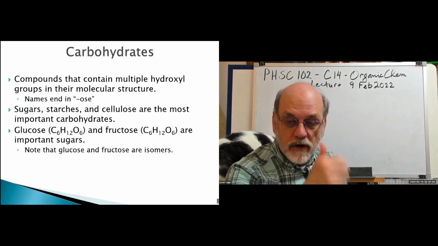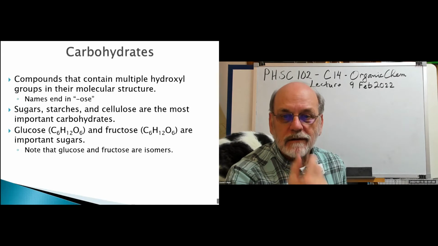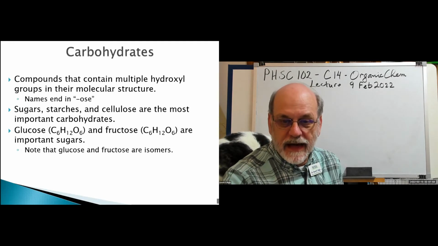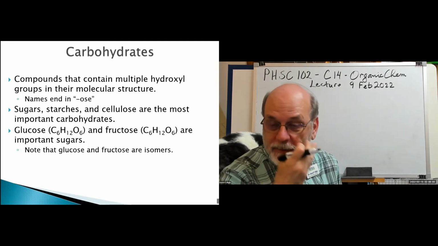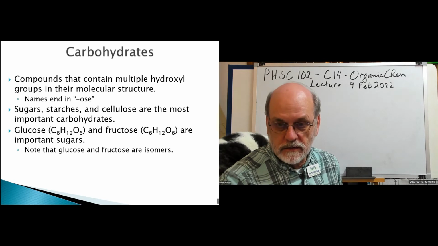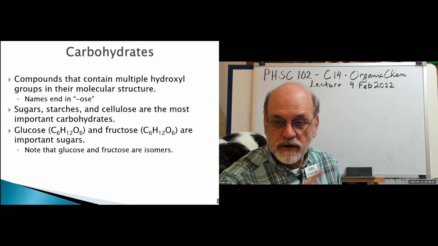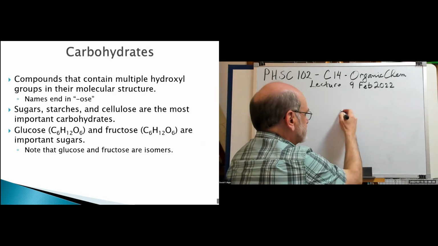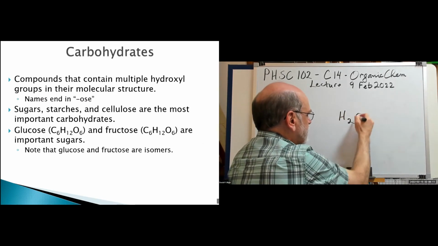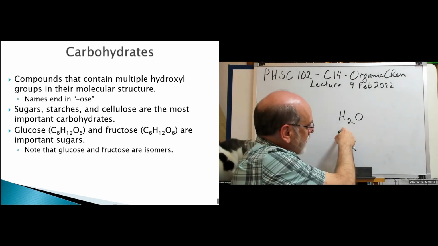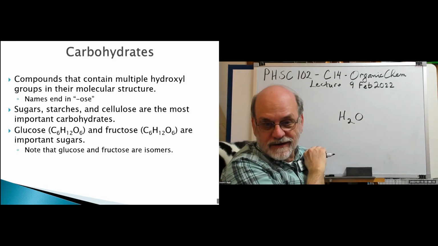Carbohydrates have carbon, hydrogen, and oxygen. And interestingly, the ratio of hydrogen to oxygen in carbohydrates is 2 to 1. Just like water, 2 hydrogens for every oxygen.